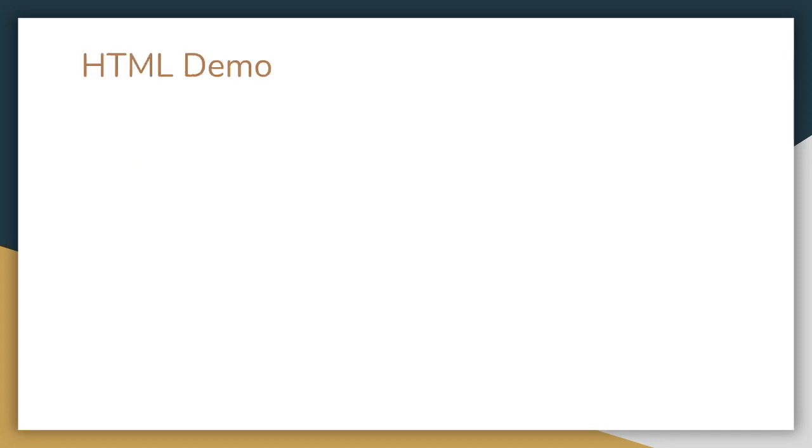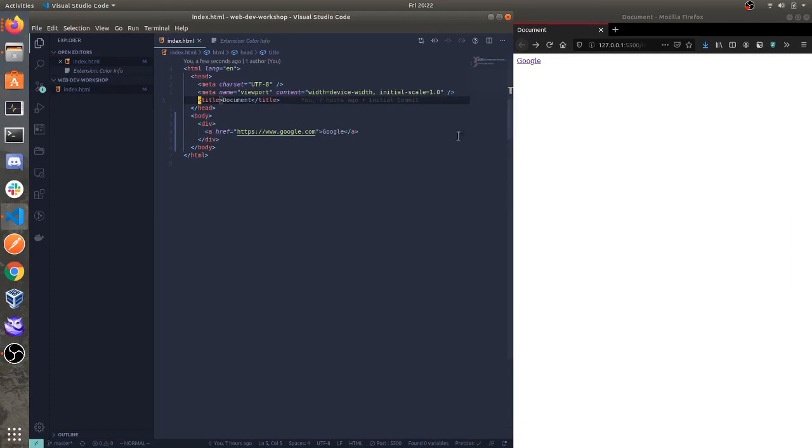So let's just finish off our HTML demo. So let's add a button in. Okay, and maybe I want to make my button called add clicks. I don't really want this to link to Google anymore, and you can see how my button appears.